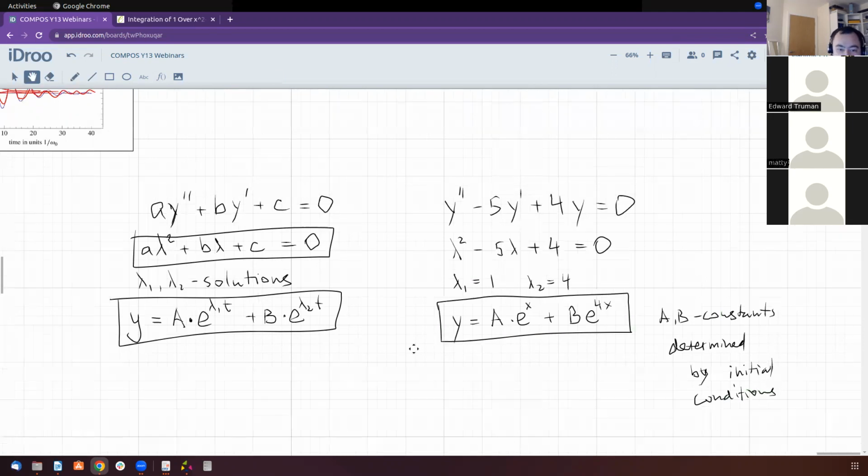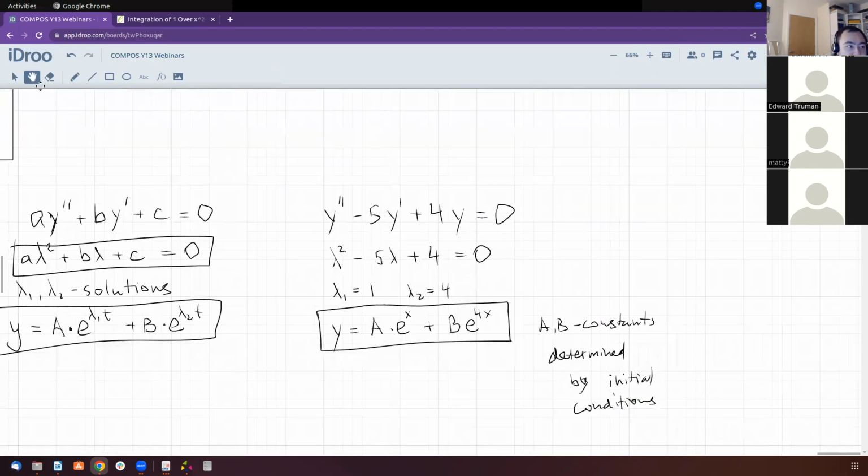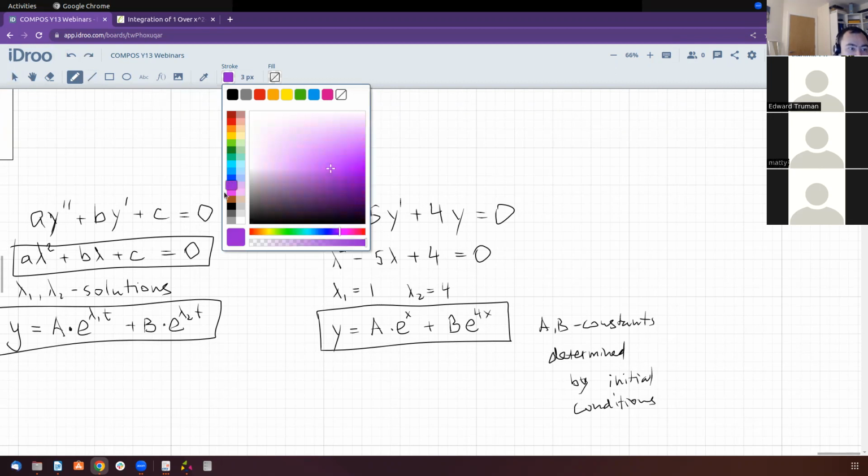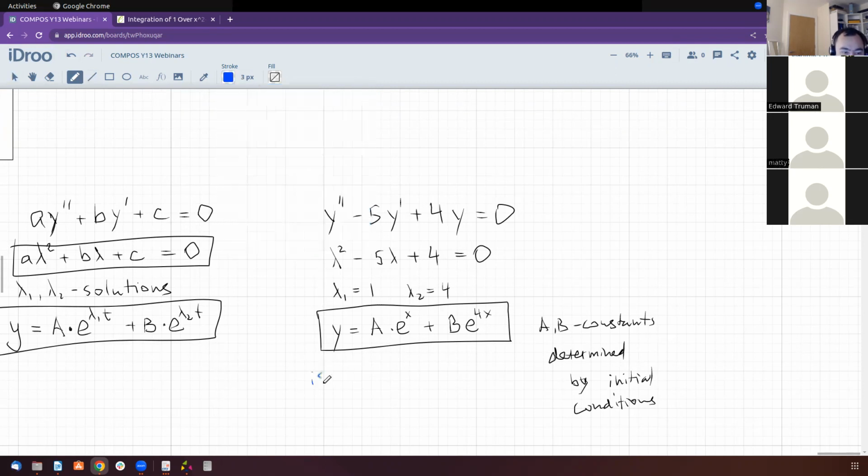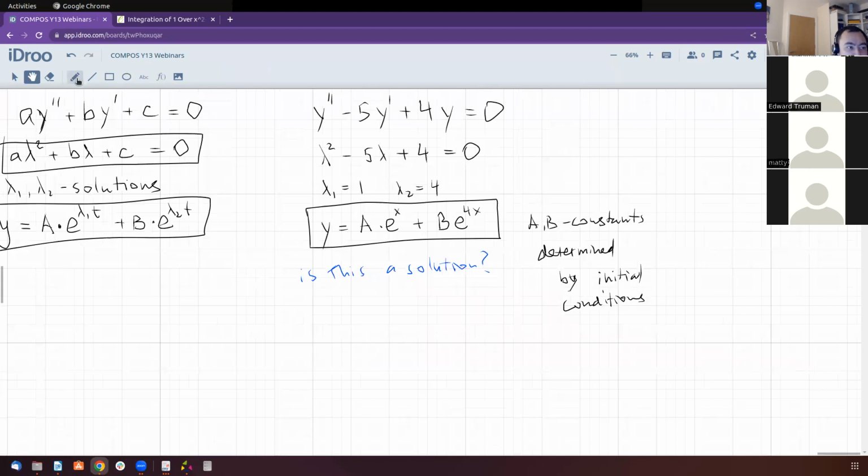Now let's prove that this is a solution. Is this actually a solution? Well, let's see. We find the derivative.